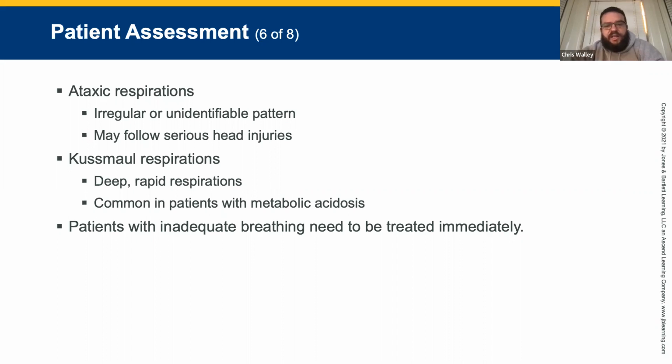So patients with inadequate breathing need to be treated immediately. We need to do something to fix that respiratory problem. That drive is being overridden from the brain's normal response of saying, okay, kick in, breathe, breathe, breathe. Well, Kussmaul respirations are fixable, but we have to do that on the front end. We need to supply that supplemental oxygen as fast as we can.